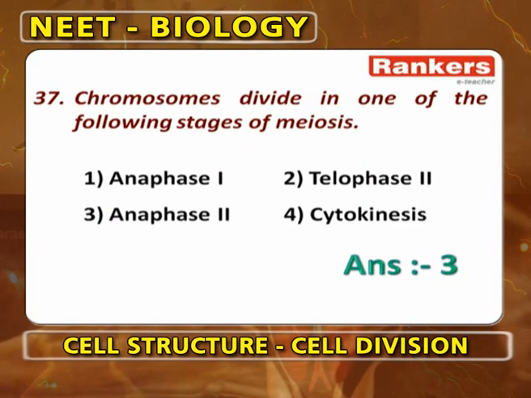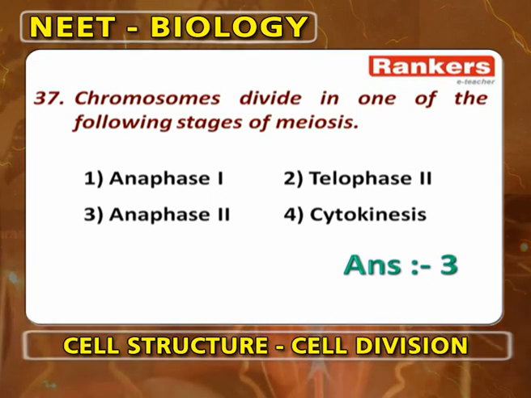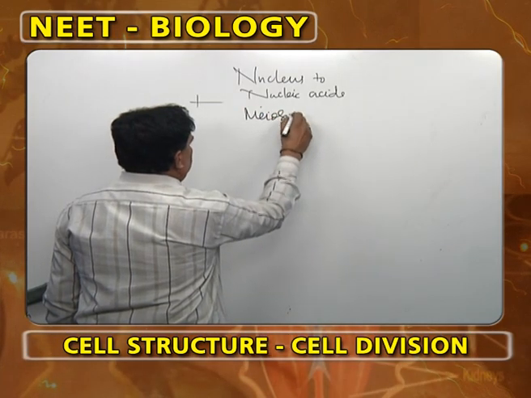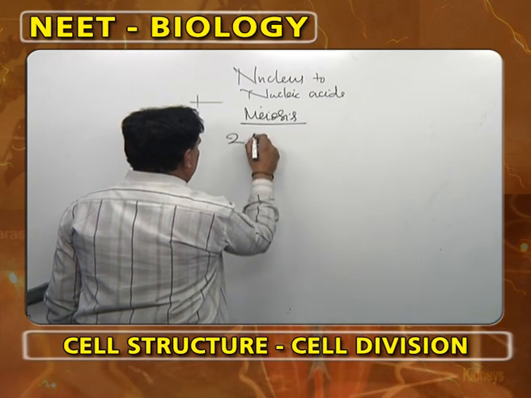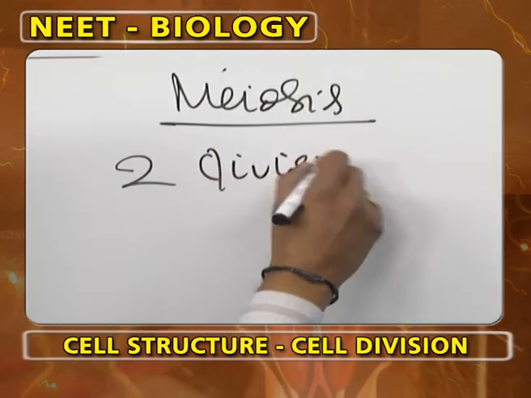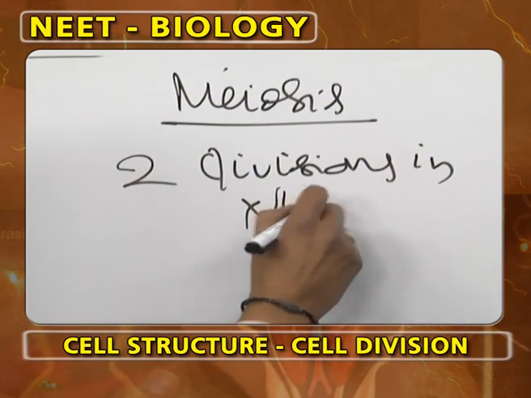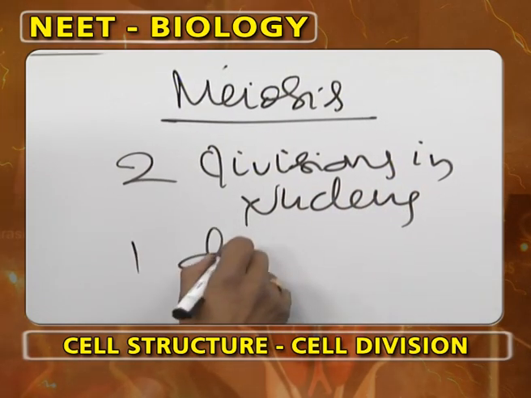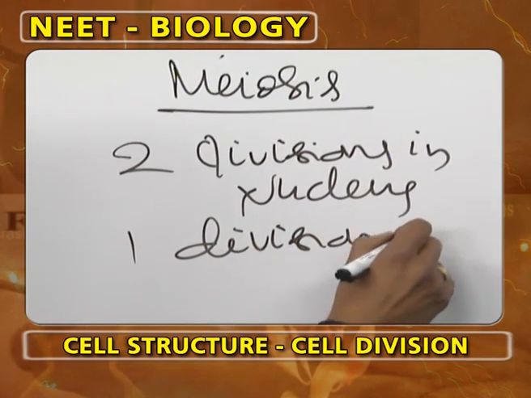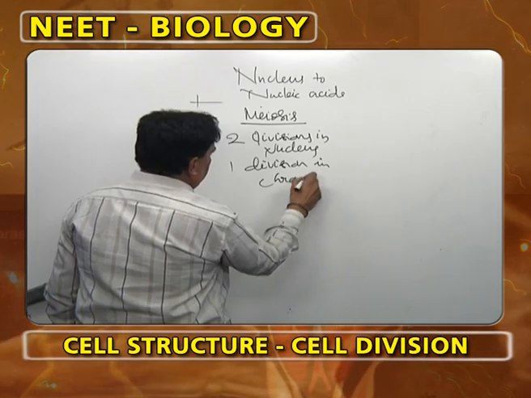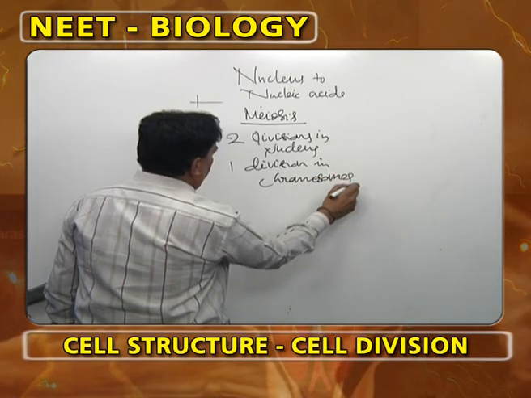Chromosomes divide in which stage of meiosis? Meiosis is known for 2 divisions in nucleus and 1 division only in chromosomes.